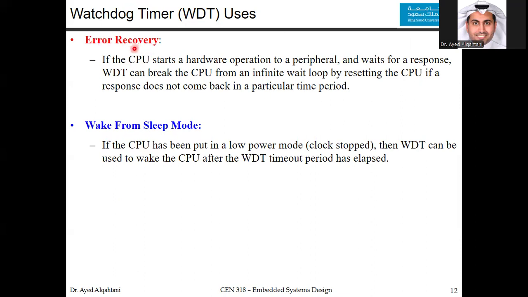For the error recovery, if the CPU starts a hardware operation to a peripheral and it's waiting for a response, the watchdog timer can break the CPU from waiting for a very long time, to the point that it becomes an infinite wait loop. The watchdog timer performs that by resetting the CPU. So you have a reset because of the watchdog timer for error recovery reasons.